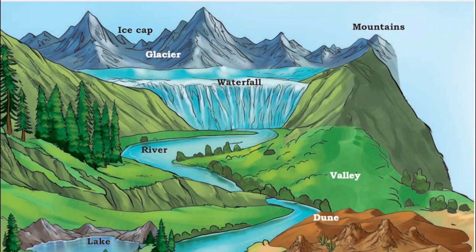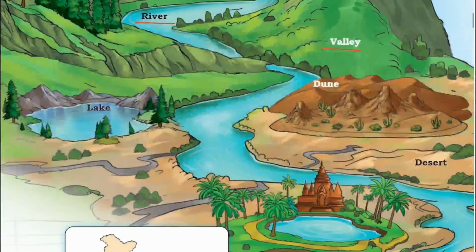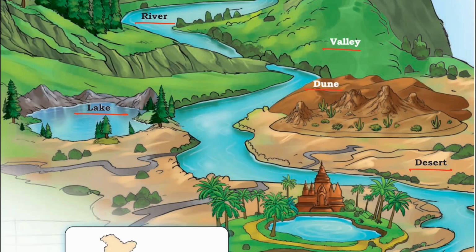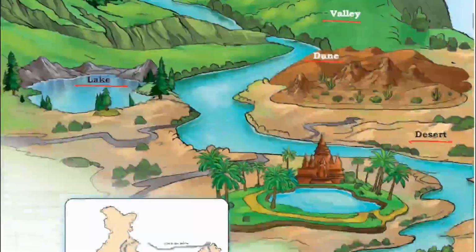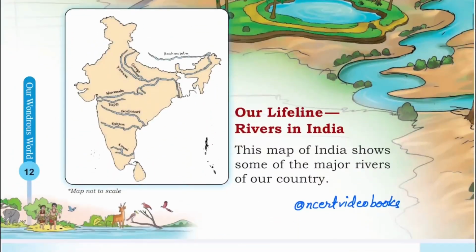You can see different earth features such as ice caps, glaciers, mountains, waterfall, river, valley, dune, lake, desert, etc. Our lifeline, rivers in India.